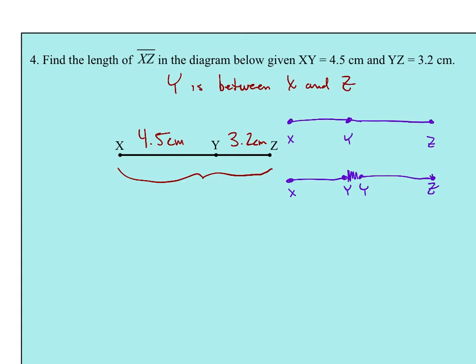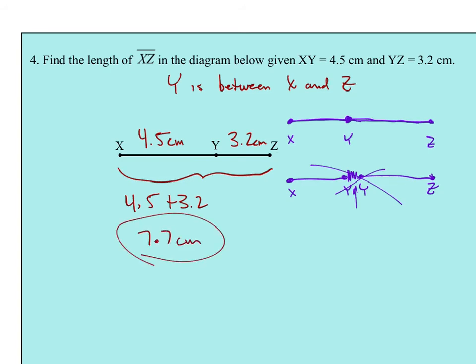It's a continuous segment. So this is simply a matter of adding 4.5 plus 3.2. So it'll be 7.7 centimeters, and we're done.